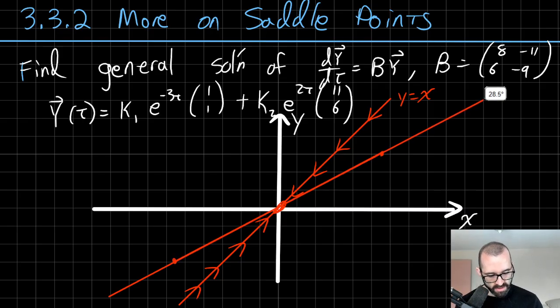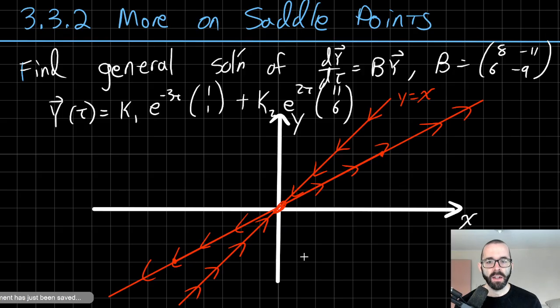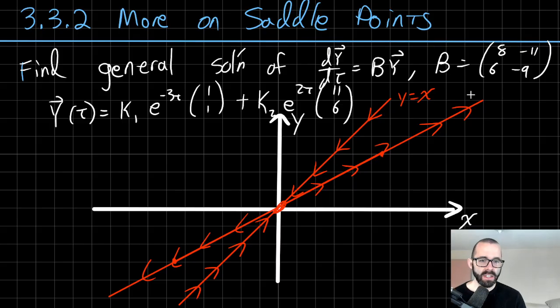And we get another straight line solution. And specifically, we know that with this one, it has a positive lambda. Positive lambda means along this straight line, we're getting pushed away from the equilibrium point.